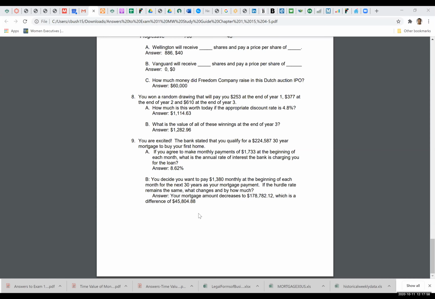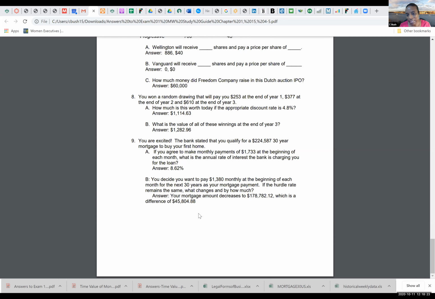An annuity due. You're absolutely right, it's an annuity due because it says it's at the beginning. So make sure you change your calculator, and I'm going to change mine right now, from end to begin mode. If you don't do that, you're going to get it wrong. Okay, so I've now changed my calculator to begin mode. The calculator knows I'm dealing with an annuity due.